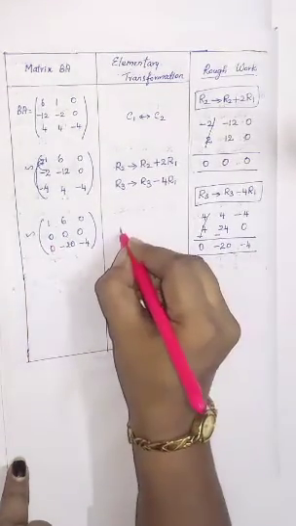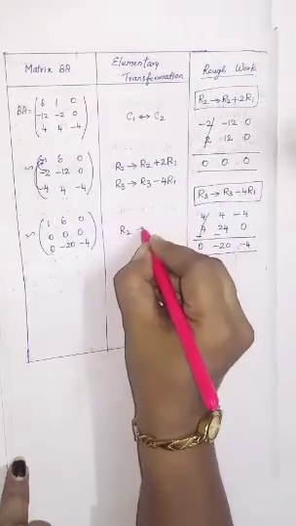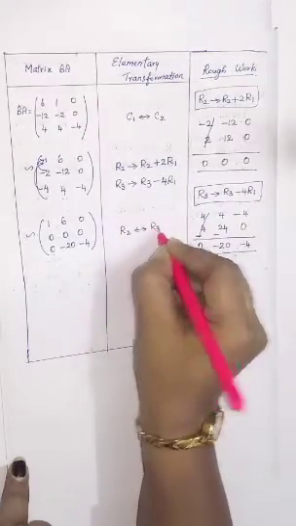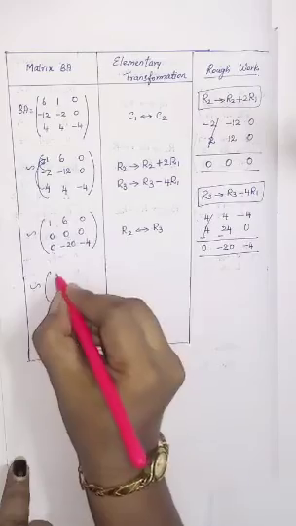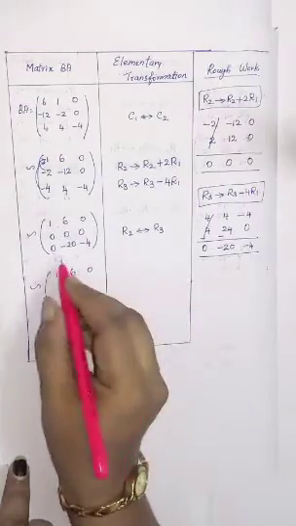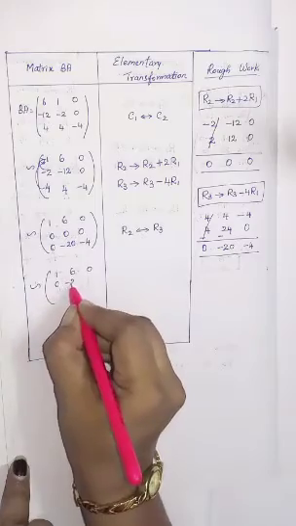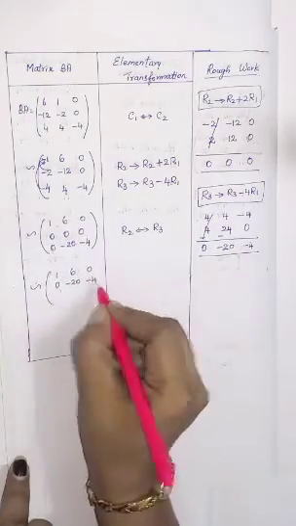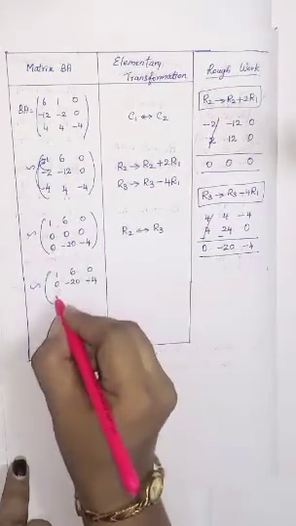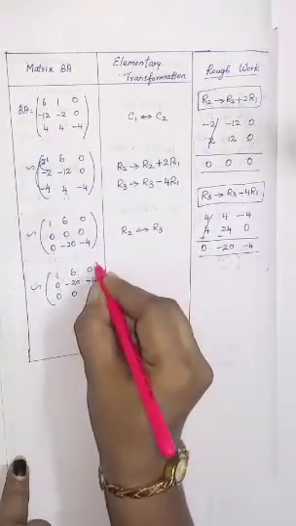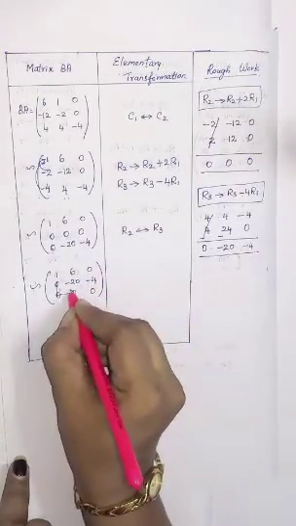So your next step will be 1, 6, 0, first row as it is. This will go to row 2: 0, minus 20 and minus 4. Now this will come to row 3: 0, 0, 0.